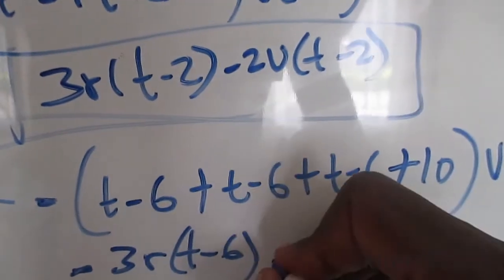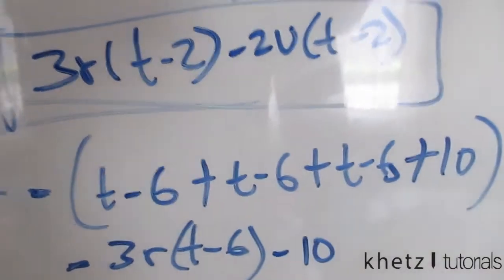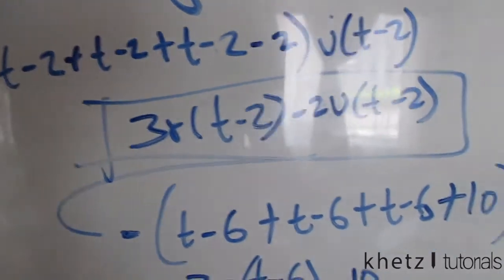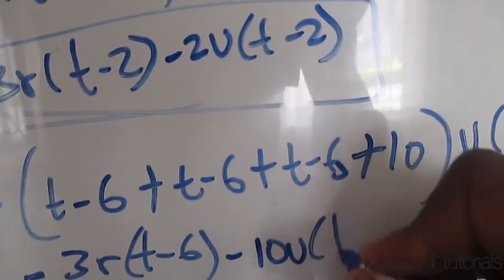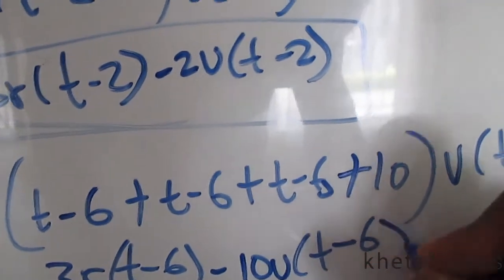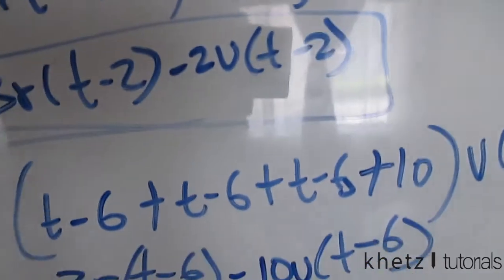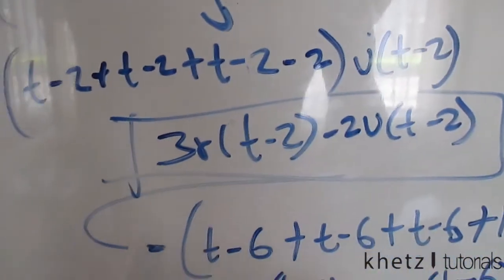So it's going to be multiplied by negative as well, so it's going to be negative 10. Right, it's going to be negative 10 just like that, and we are going to say negative 10 u of t subtract 6. So that is the value which we have over there, right? So this is the simplification of the second part. This is the simplification of the first part.